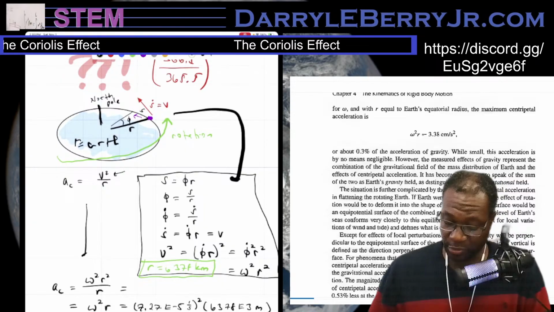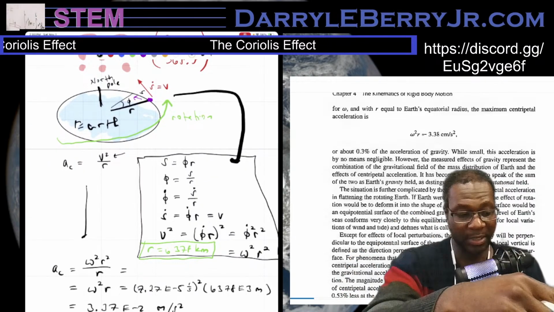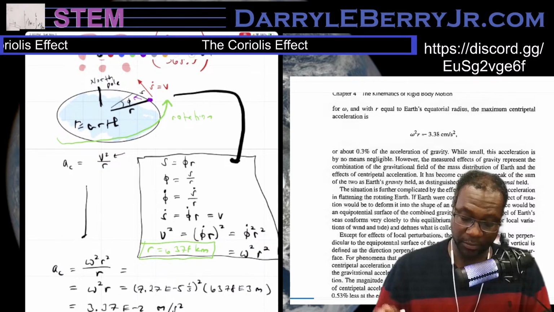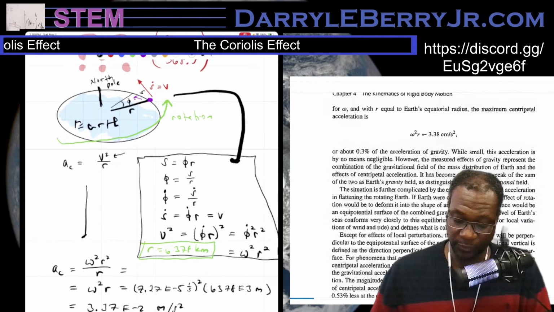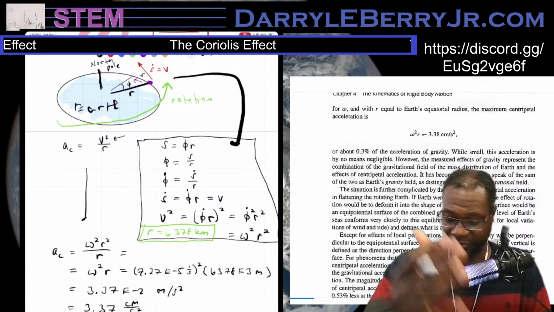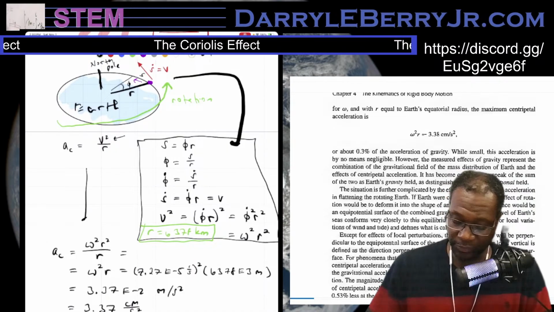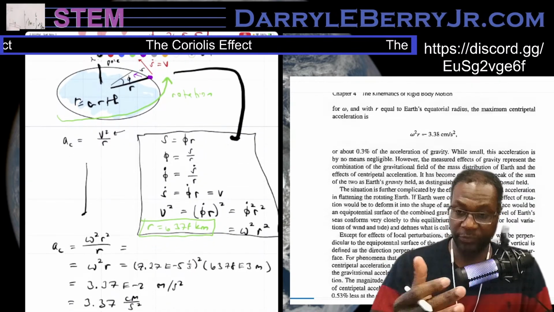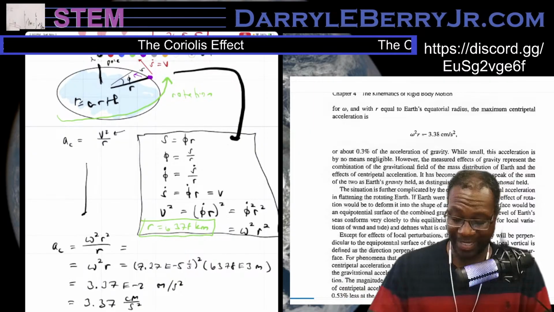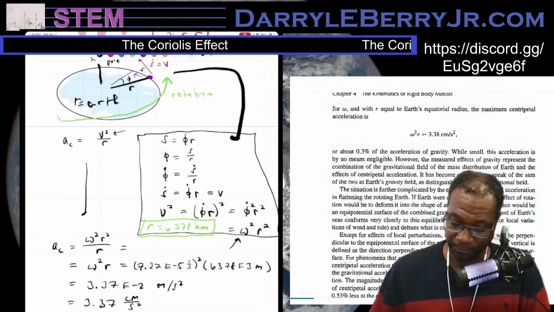S dot is the velocity, position divided by time. So now I have the tangential velocity, the velocity I'm going through space due to the spin of the Earth, in terms of the angle. And the angle you're moving through over time is the angular velocity, omega.